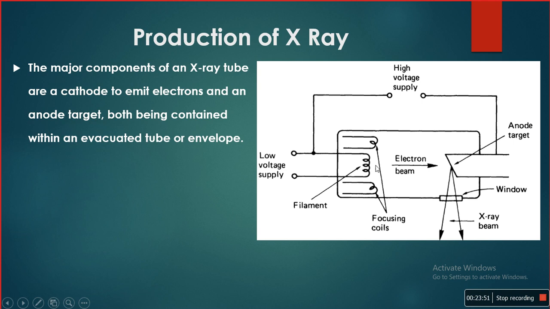See, this is the evacuated tube, and inside it, one is the metal target which is the anode, and another is a filament which generates an electron beam, or which transmits the electron beam towards the metal target, which generates the X-ray beam.